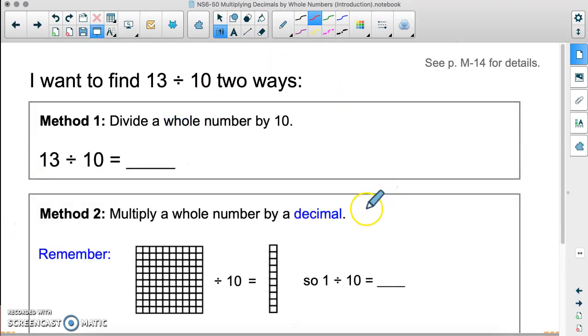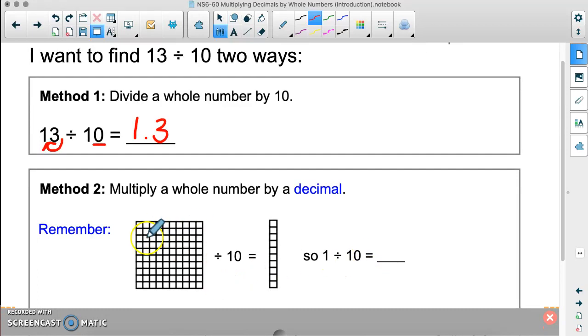So I want to find 13 divided by 10 using 2 different methods. In the first method, I'm dividing a whole number by 10. So what is 13 divided by 10? Well, we learned in the last lesson, if we're dividing by 10, we move 1 place to the left. So the answer is 1.3. In our second method here, I'm going to multiply the whole number by a decimal. So if I have 1 whole divided by 10, it equals a tenth.